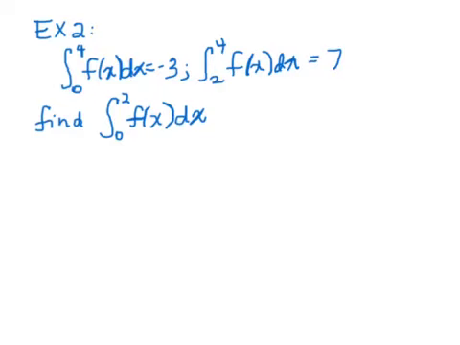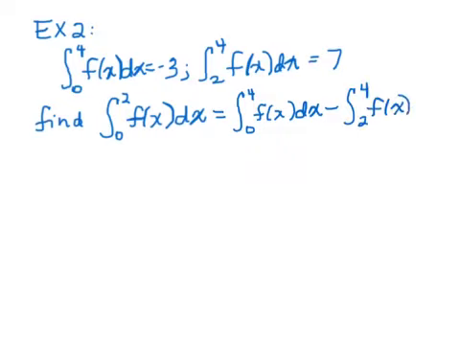So what you can do, if you like the algebra version, is take the larger interval, 0 to 4, and subtract the other one, the 2 to 4. And what that leaves you is the integral from 0 to 2. And then we would substitute our information and get negative 10.